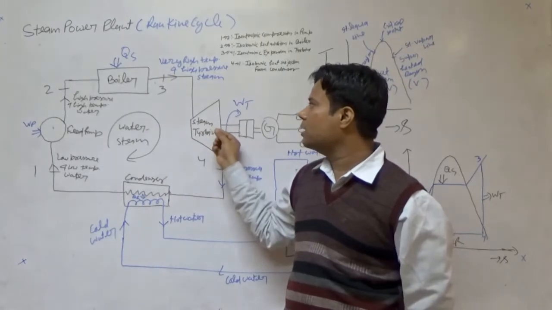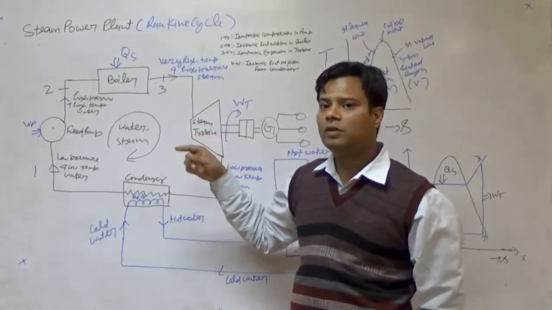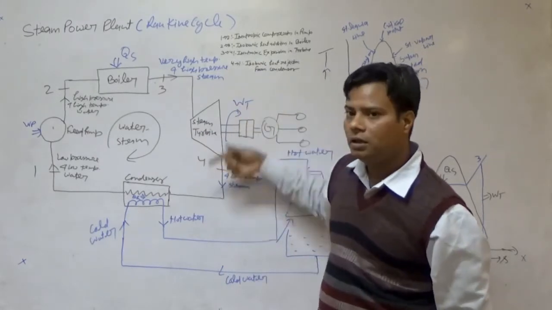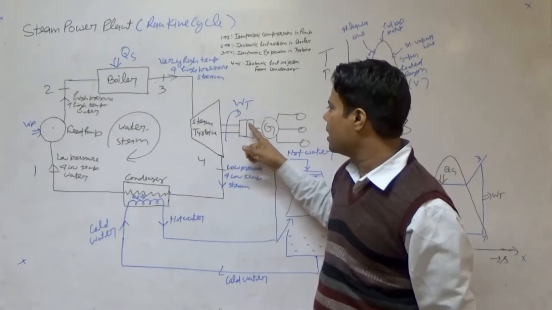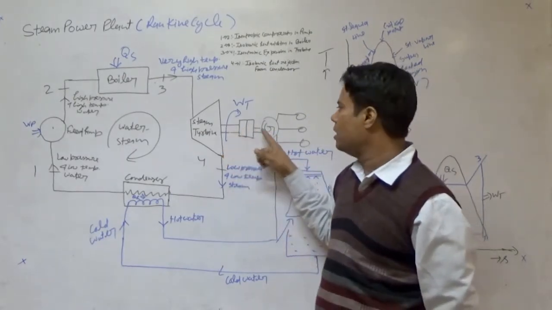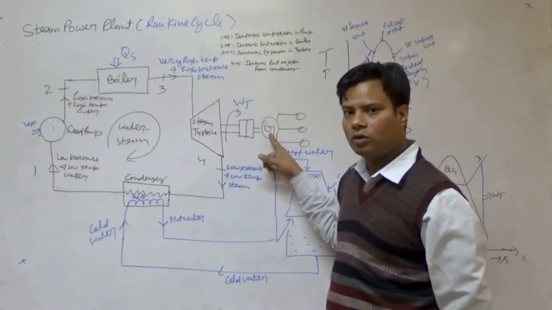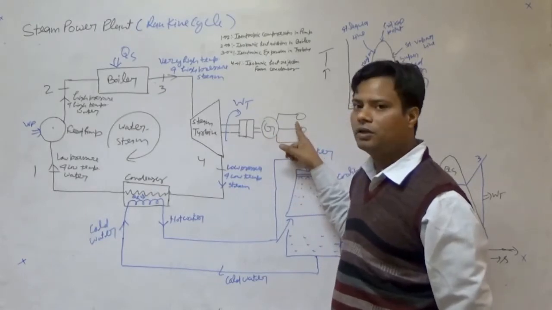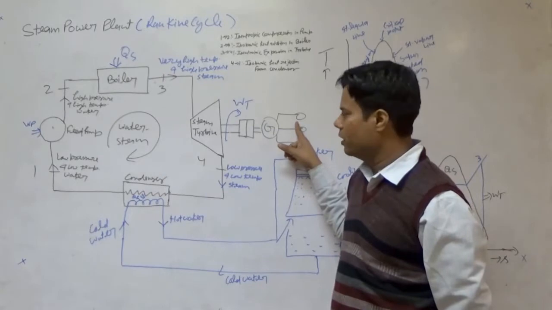When this steam strikes the turbine blades, the shaft of the turbine is rotated. We get a rotary motion. We couple a generator with this steam turbine, so the generator is also rotated, and according to Faraday's law, we get a 3-phase electric supply from this generator.